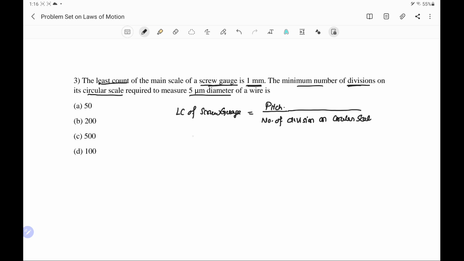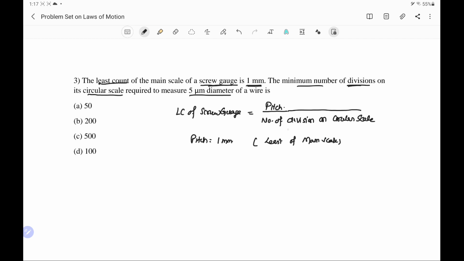As per question, pitch is given 1 millimeter. That is, the circular scale on complete rotation covers the distance which is the least count of the main scale.